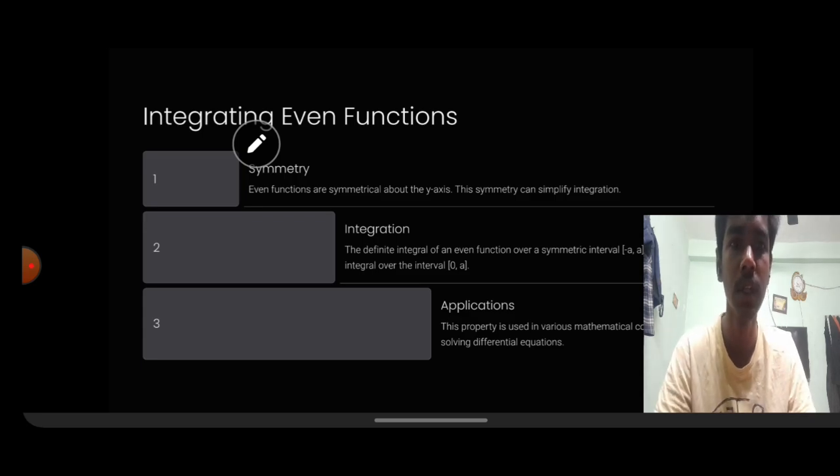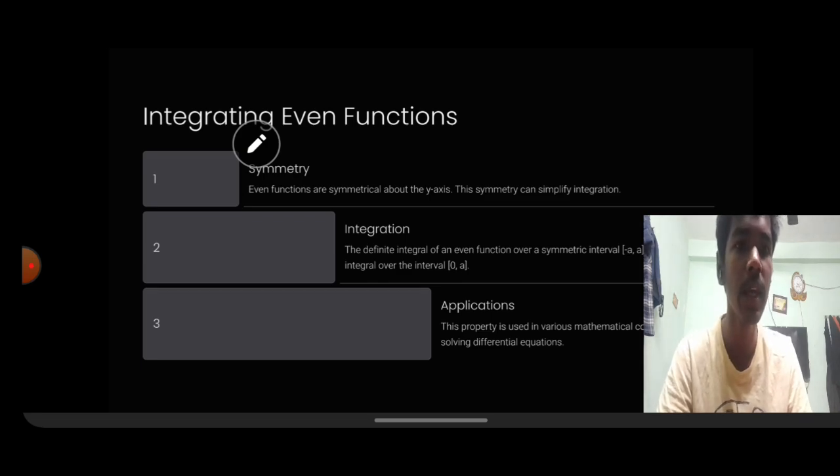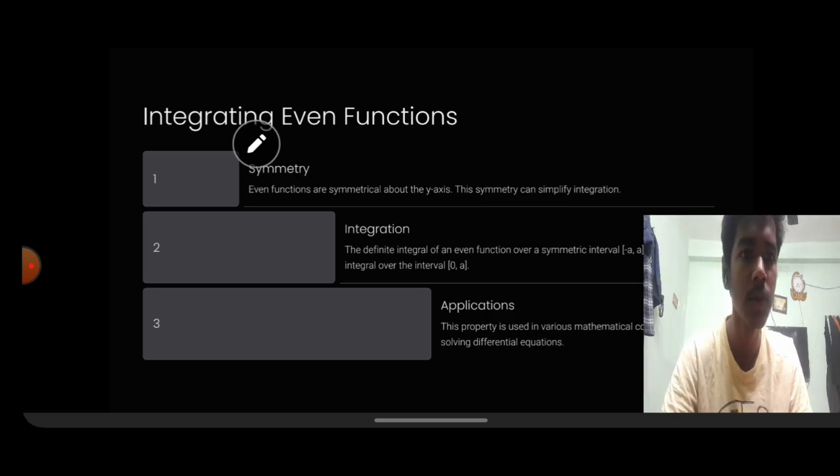Next we will discuss integrating even functions. Even functions are symmetric about the y-axis, so they can be integrated simply. The definite integral of an even function over a symmetric interval from minus a to a is twice the integral over the interval 0 to a.